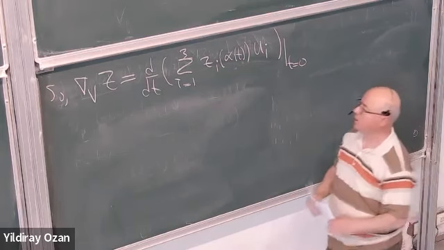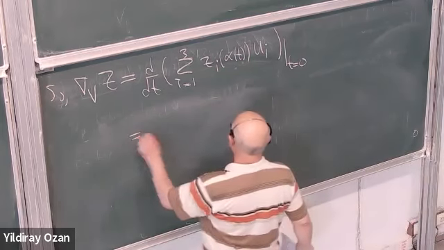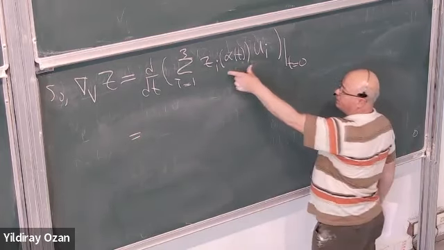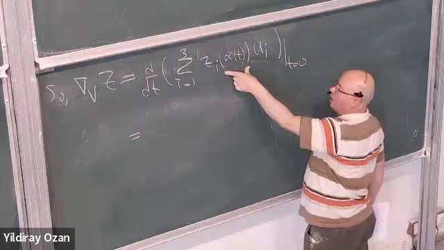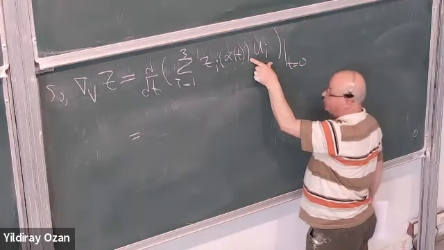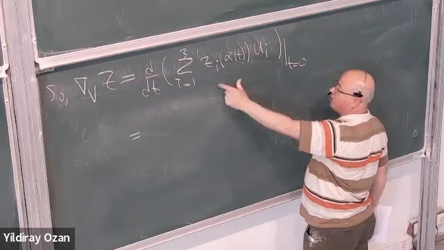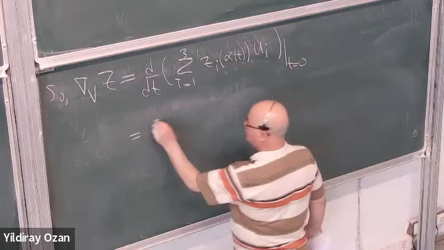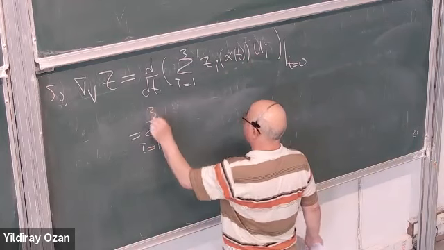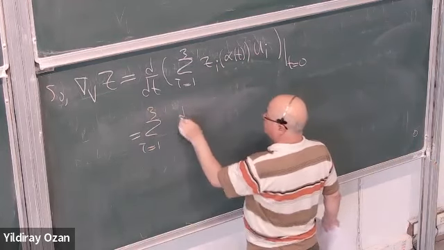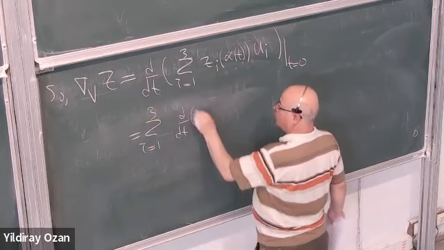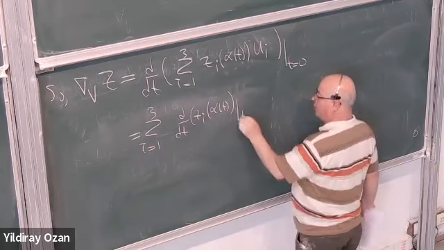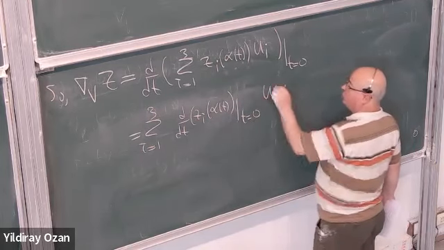Okay. What is the derivative of this? Well, this is constant, right? You multiply a constant vector with a function and then take the derivative. You will take the derivative term-wise. So this is just the sum from i equals 1 up to 3 of the derivative d/dt of Zi of alpha(t) at t equals 0, and then Ui.